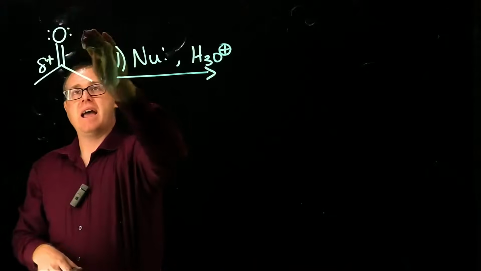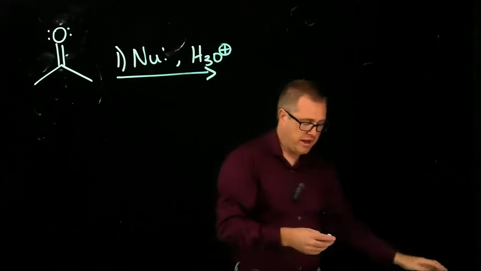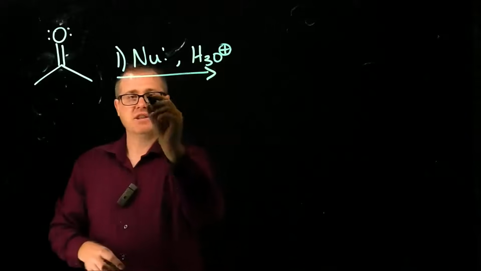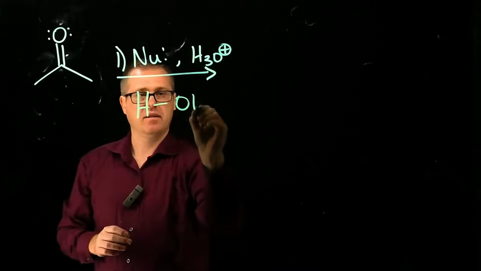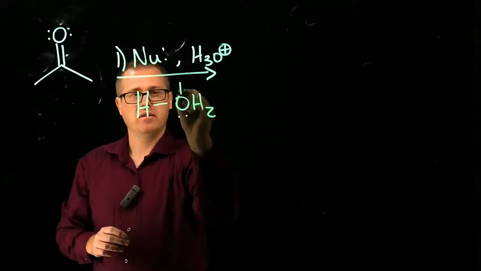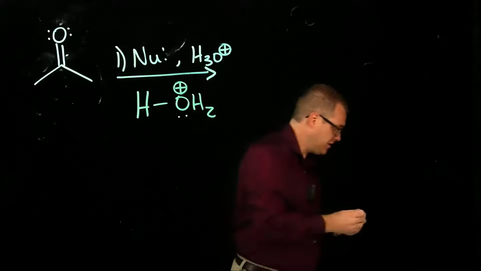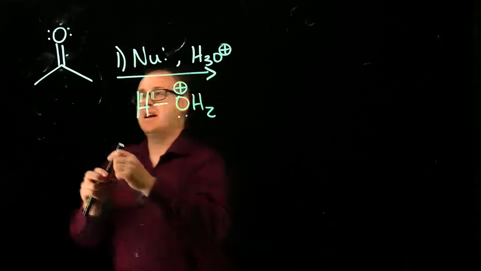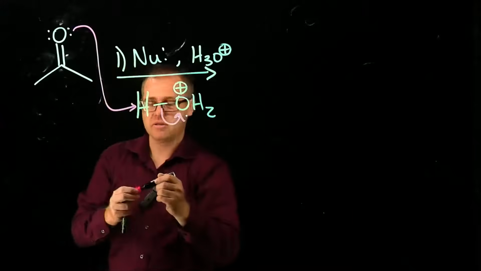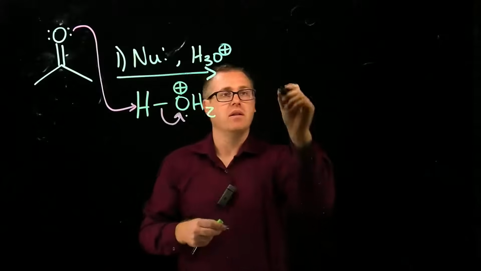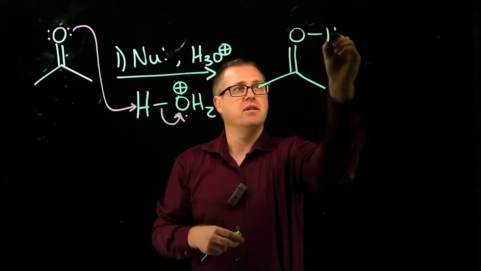So how does that happen? When you have a weak nucleophile, the first step is it's going to take the acid. The electrons on the oxygen right here are going to come and abstract that proton. And so now what do we have?